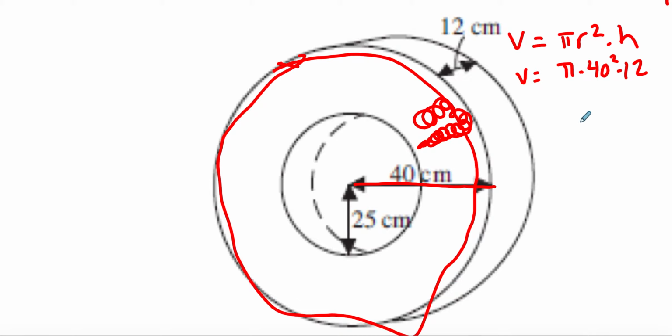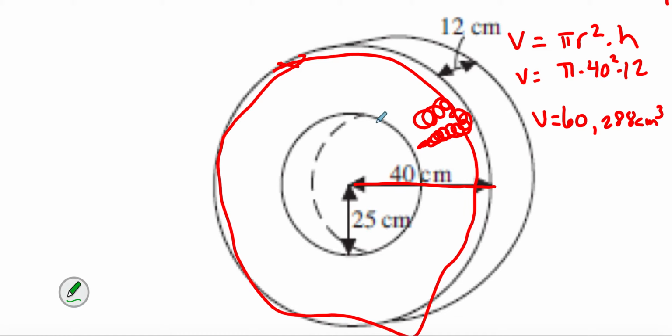So then I'm just going to finish calculating that for us. 40 times 40 times 12 times 3.14 is 60,288 centimeters cubed.